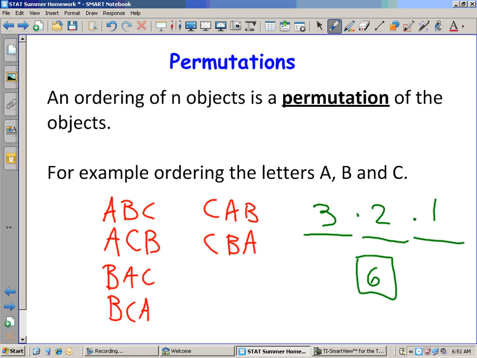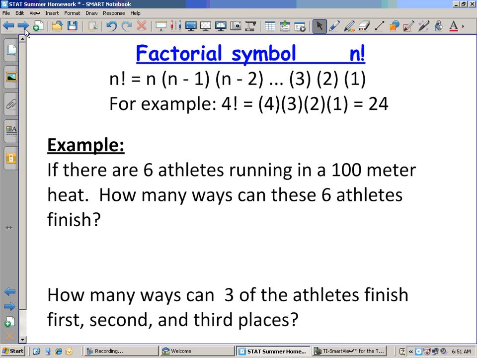If we had 4 objects, it'd be 4 times 3 times 2 times 1, which leads us into the idea of factorials. Factorials are written with an exclamation point. Basically, it's that number times each number previous to it until you get down to 1.